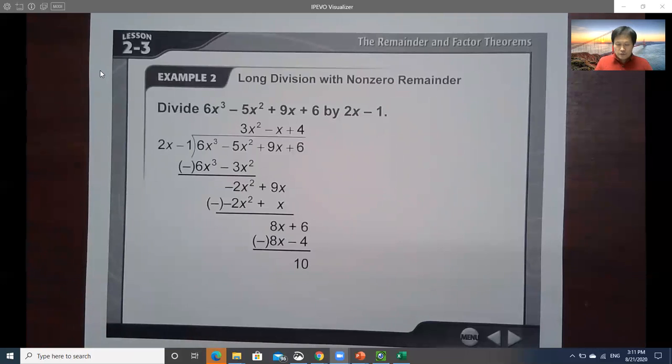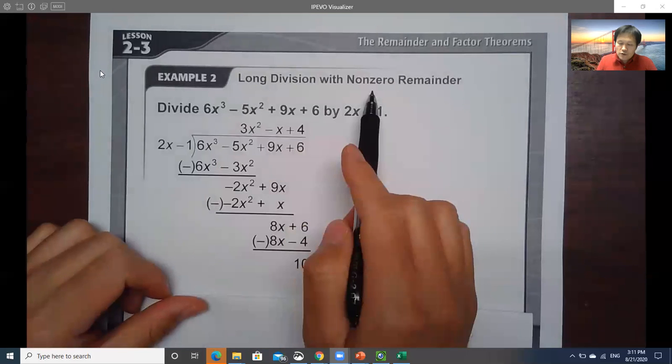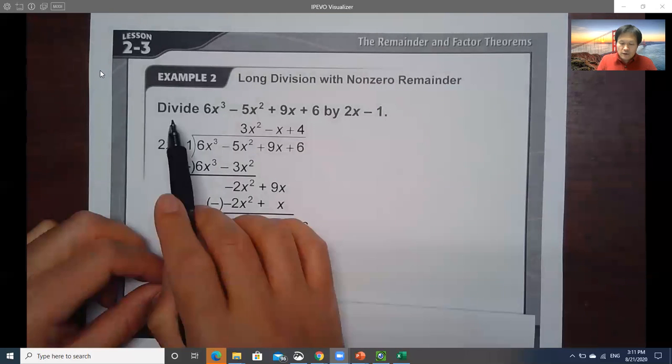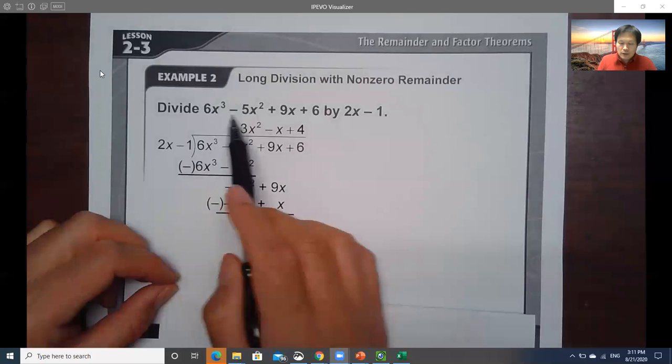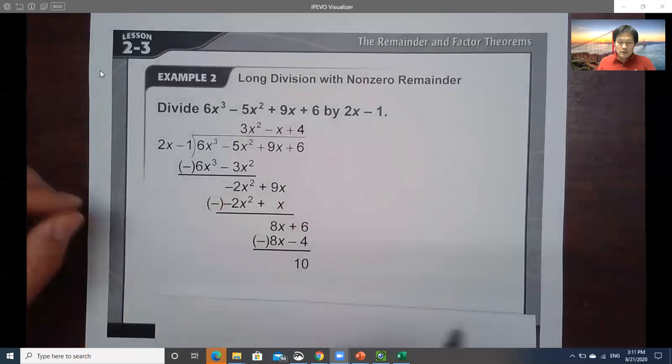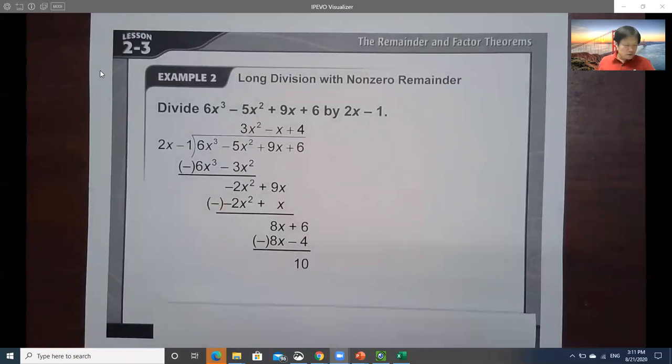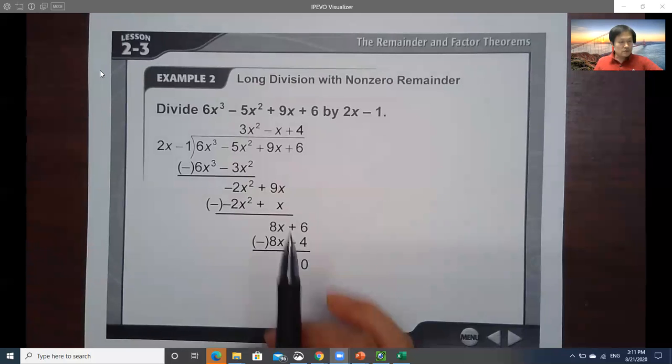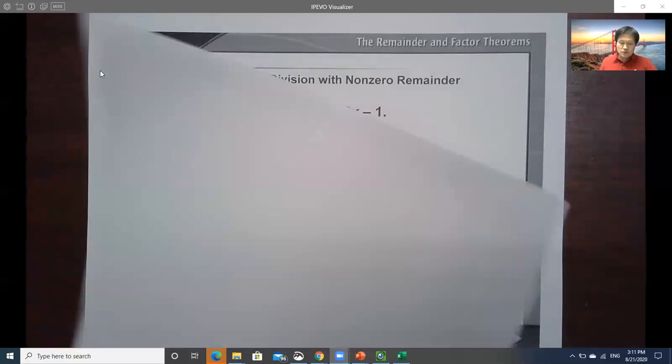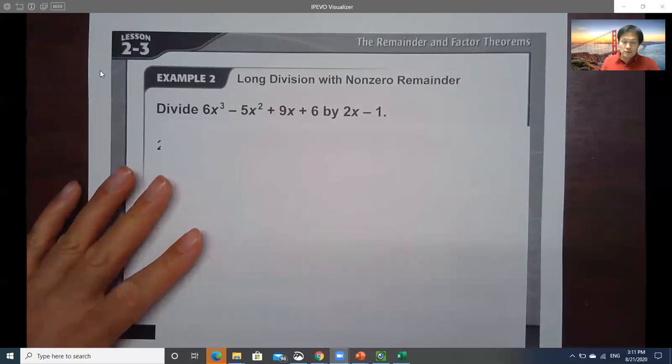Okay, long division with a non-zero remainder. Divide this by this. So this is a complete work. Let me just do that from the very beginning.